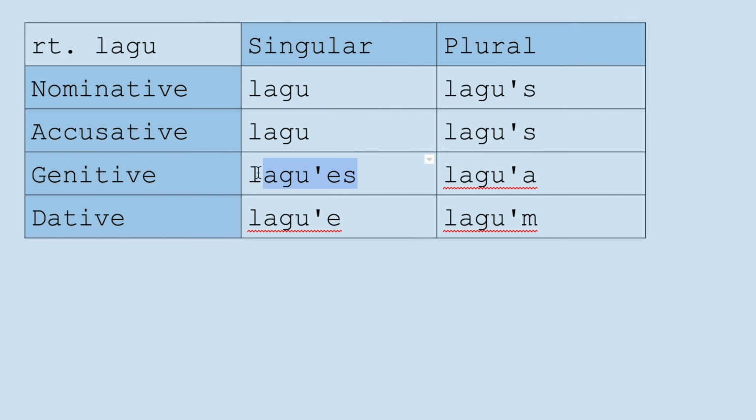So this may look like laguis to some, if you follow the conventions of the others, but it's more appropriately pronounced laguis. Same thing here, lagua, lagua, and lagum. An interesting byproduct of this is that lagus can also be pronounced and spelled laguas.